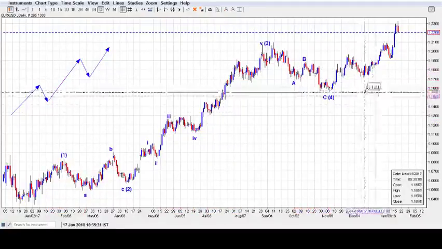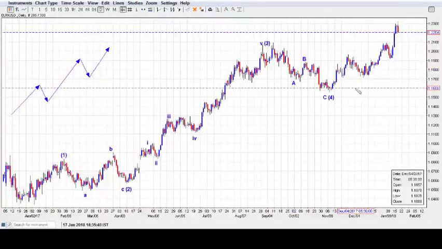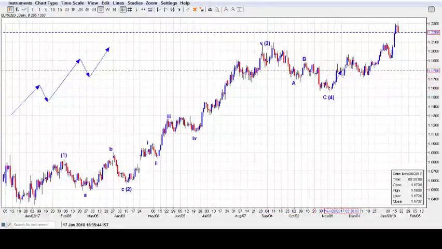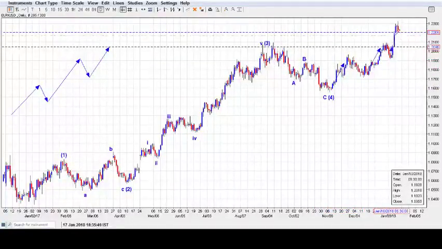All right. Now, if you count the pips of waves 1, 3, and proposed 5, which we were talking about earlier, this is your wave 1, wave 3, and wave 5.